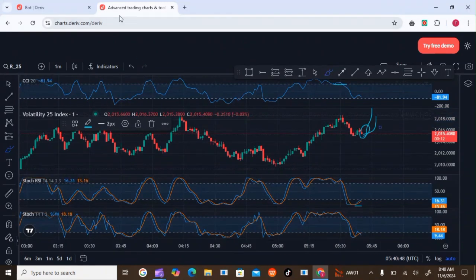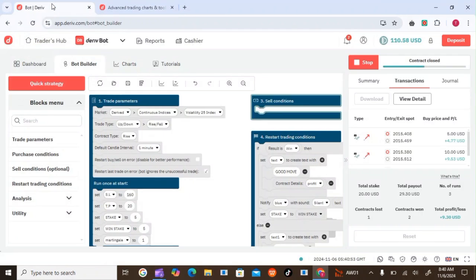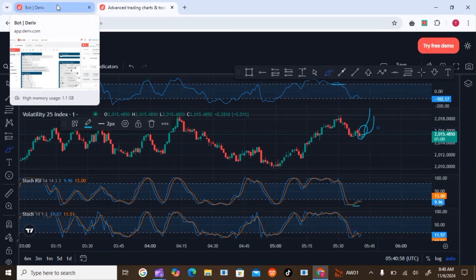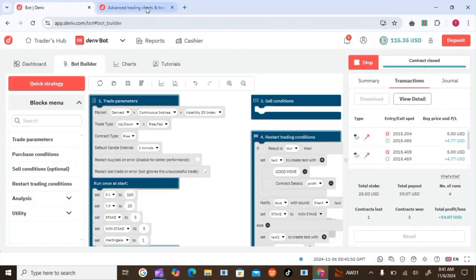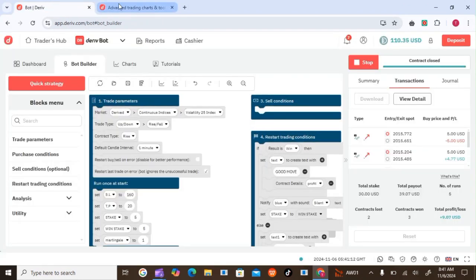If you just know that the candlestick will change direction, it's trying to pull back and move up, pull back and move up, and the two stochastics are showing us a direction moving up. The only thing currently not showing us is the CCI, but we can spot that the candlestick has already changed to the up direction.